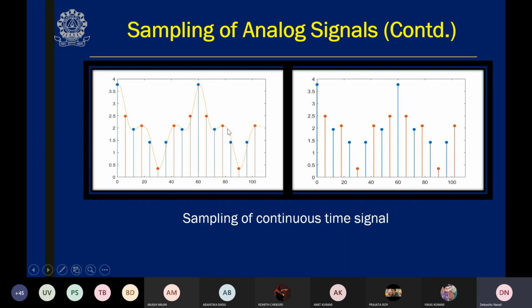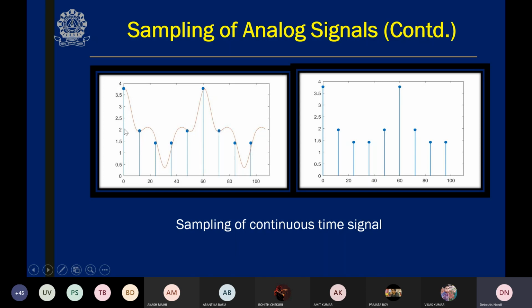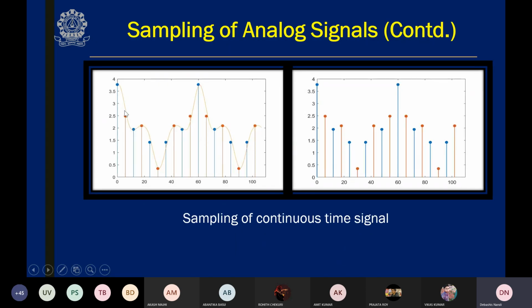Okay. For example, in this case, you see the analog signal is same, but we have reduced the distance between two successive samples. In between two samples, in this case, we have put another sample here. We have taken another sample.